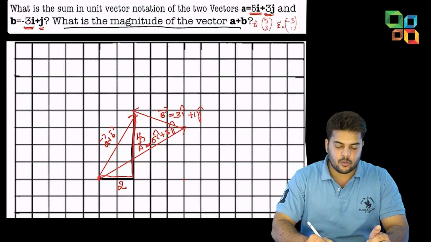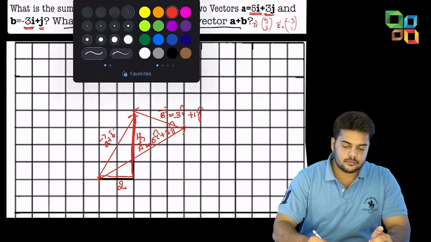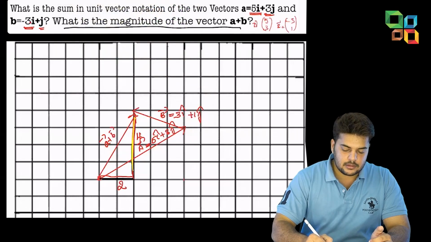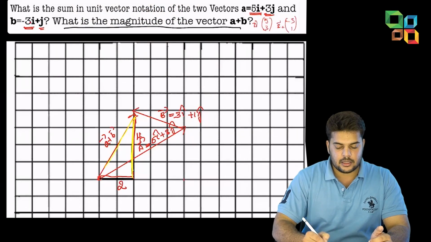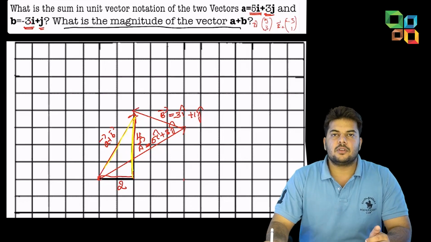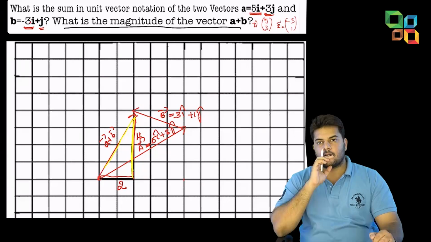This length itself is 4, isn't it? So isn't this length a little bit longer than this length? You can clearly see that it is slightly longer than 4. It cannot be 4. It has to be longer than that.